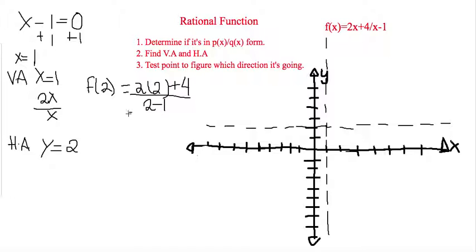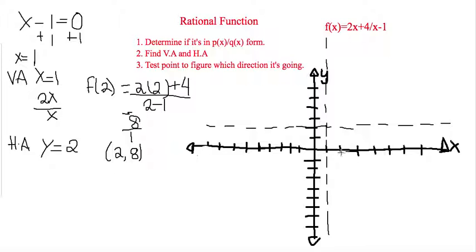So that equals 2 times 2 is 4, plus 4, which is 8. And then 2 minus 1 is 1. So our coordinate would be 2, comma 8. So let me plot it.